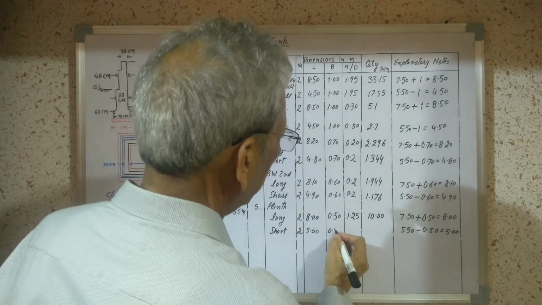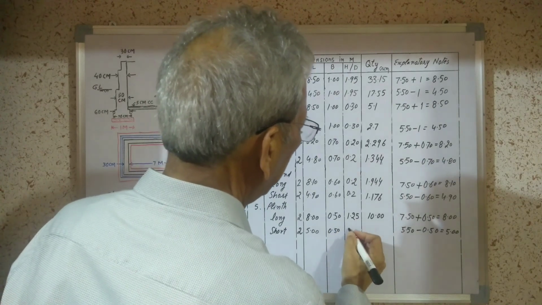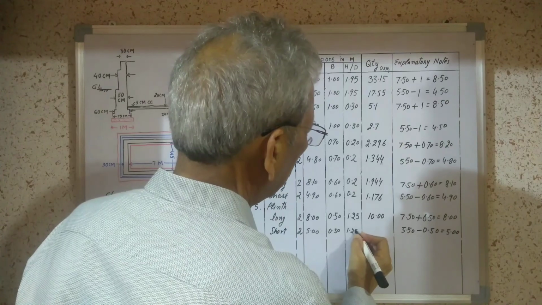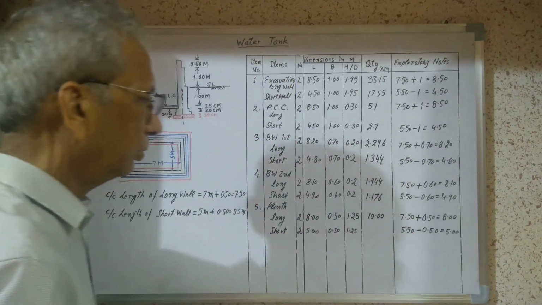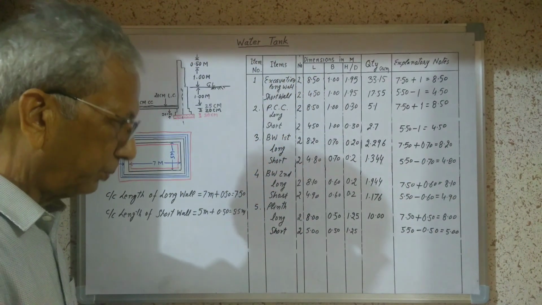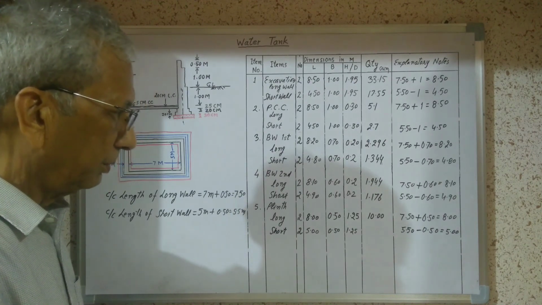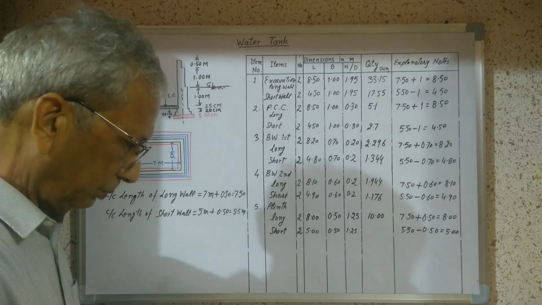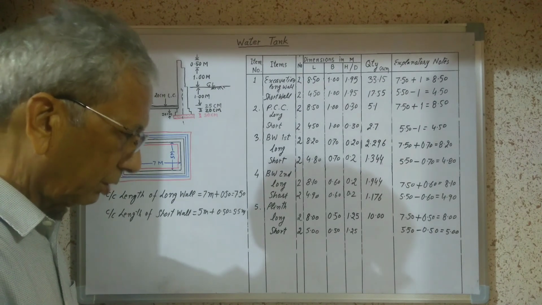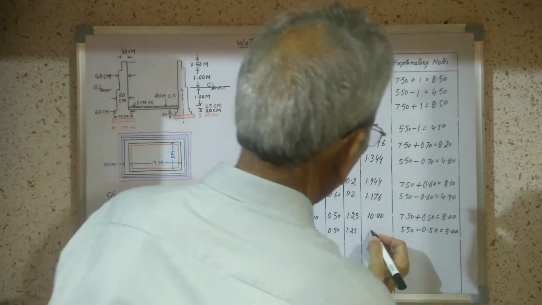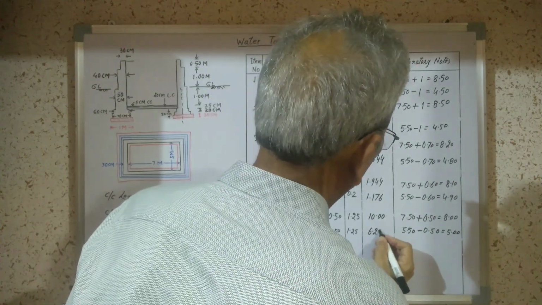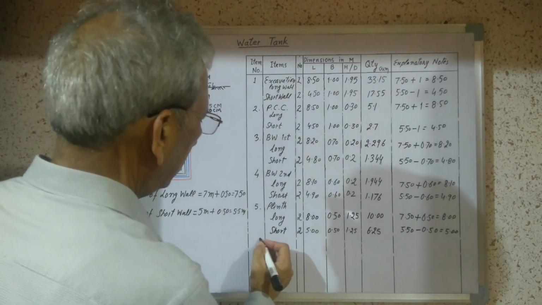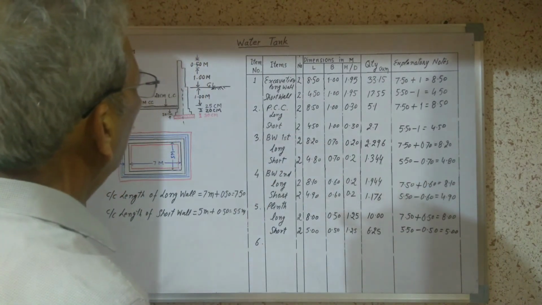Now width will be the same, 50 centimeter, and height is 1.25. We will do the calculation. 2 number of walls multiplied by 5 multiplied by 0.5 multiplied by 1.25. Now the result is 6.25 cubic meter.